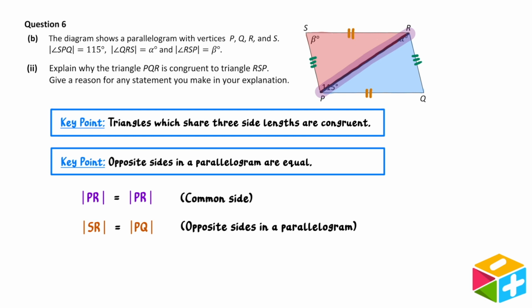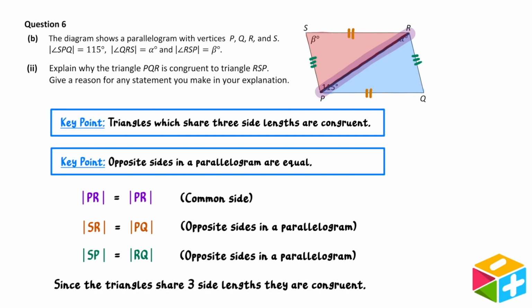This was because they were opposite sides in a parallelogram. Also, the length of the line SP was equal to the length of the line RQ. Again, this was due to the fact that they were opposite sides in a parallelogram. Since we've argued that our triangles share three side lengths, we can conclude that they are congruent.